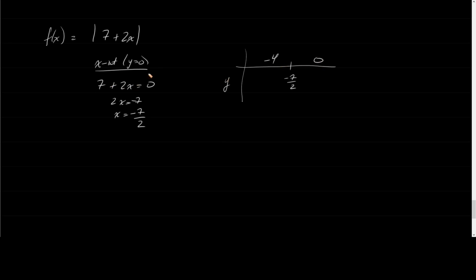So let's plug in 0. 7 plus 2 times 0 is 7, which is a positive value. When we plug in -4, 2 times -4 is -8. 7 plus -8 is -1, so that's a negative value. So all the values to the left of -7/2 are what needs to be negated, okay?